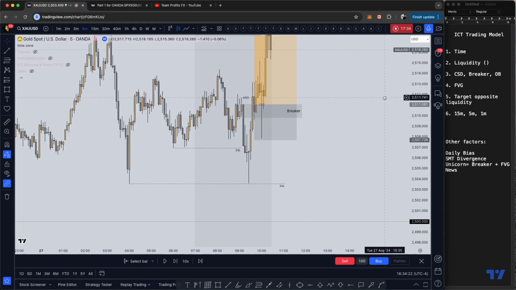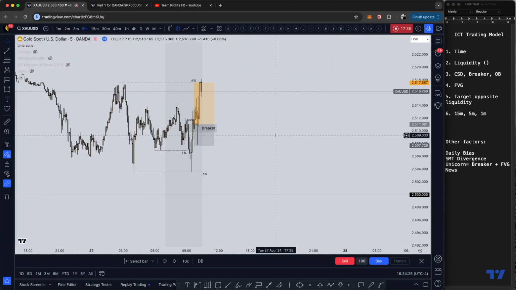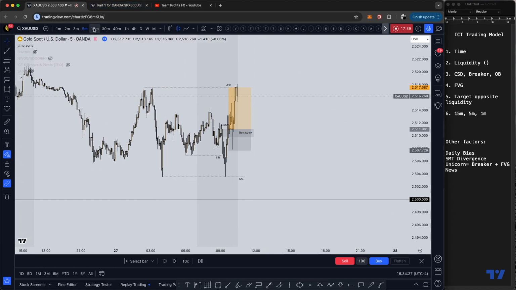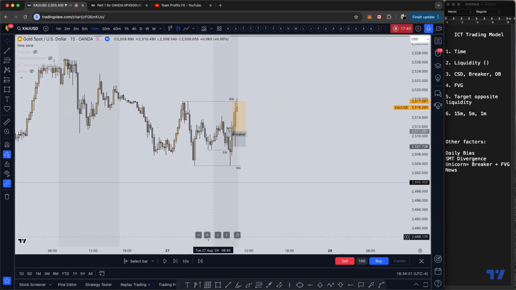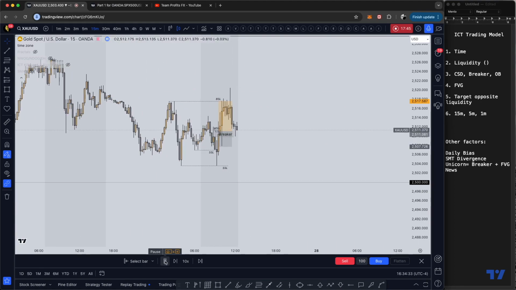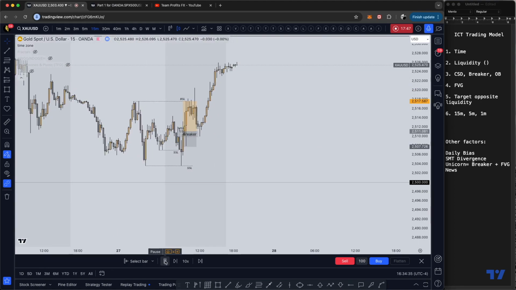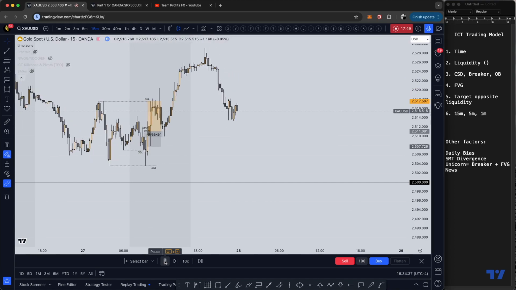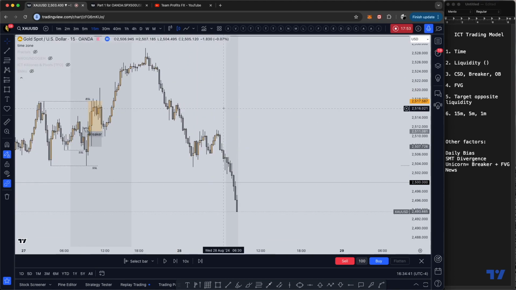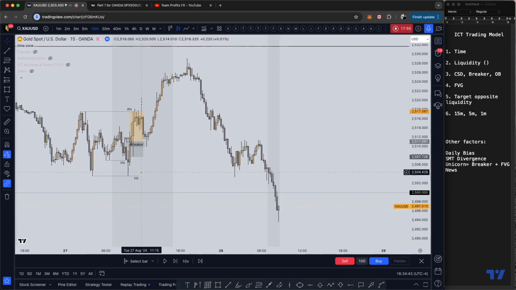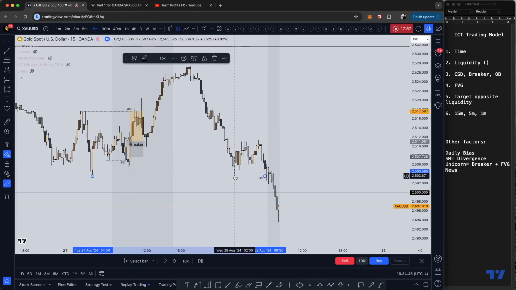But I want you guys to see what actually happened later, because when I say eventually, when you see a double top or a double bottom, price will eventually come back at it. Maybe it's not going to happen now, but the algorithm is going to bring the market to that zone eventually. Like you see, price on the next day was coming down. It created another relatively low.